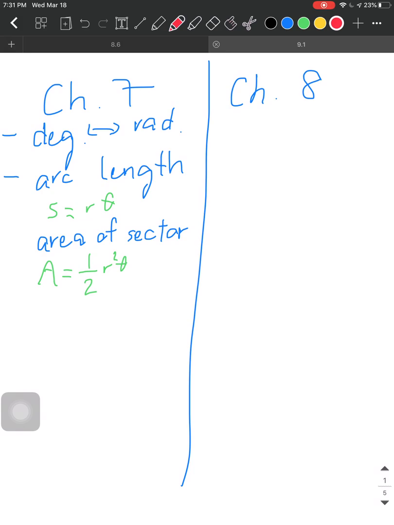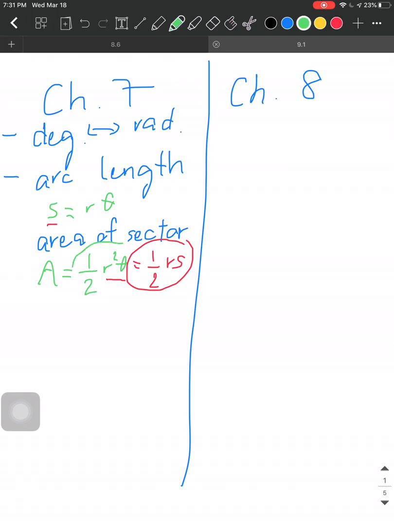And as you saw in the first quiz, we also have the second formula for the area of the sector. It goes like 1/2 R times S, as we can replace R theta, one group of R theta right here, with S. So this one is to find the area of the sector when you know the arc length, or when I ask you to use the arc length to find the area of the sector.